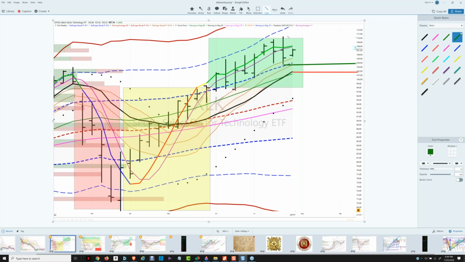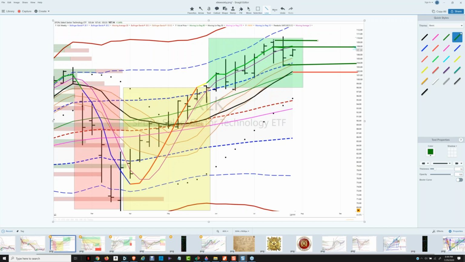It has to get above, let's call that the RL10 peak. Yeah, so XLK's got to get above 108. I wouldn't be surprised to see that happen this week.